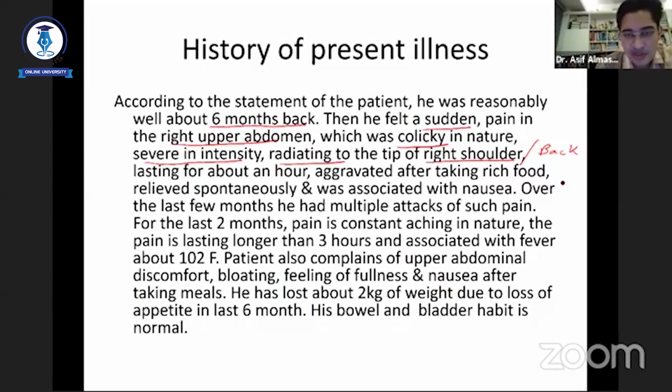So patient can say different things. Lasting for an hour, aggravated after taking rich food and relieved spontaneously, and associated with nausea, and may also have some vomiting as well.